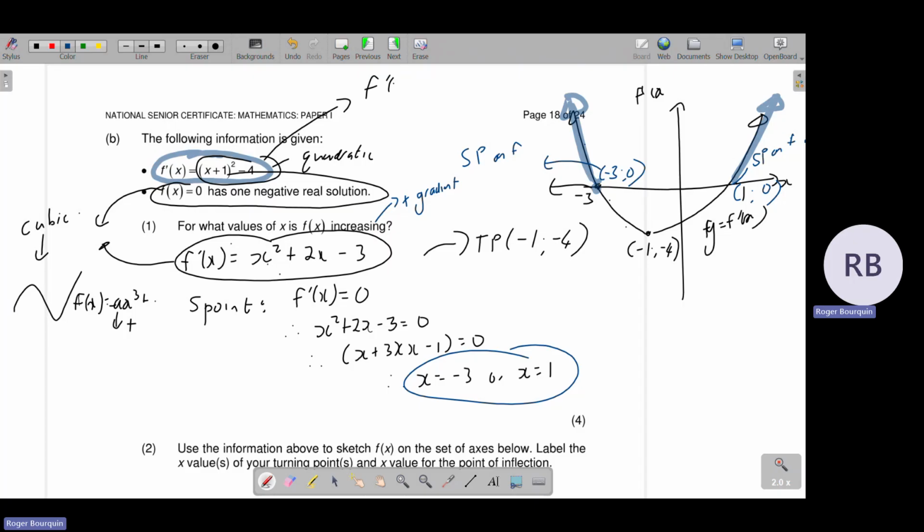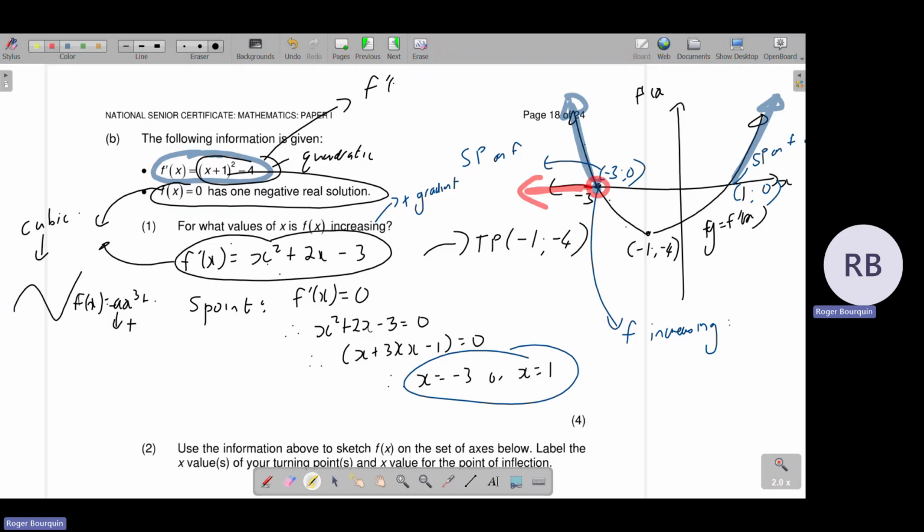The question says, for which x values are these positive? So the function f will be increasing when the derivative function is above the x-axis. So how am I going to describe this region? Well, here's the one set of answers in red. Increasing means not equal to 0, just bigger than 0. So where is it increasing? It says which x values, so put your answer on the number line.